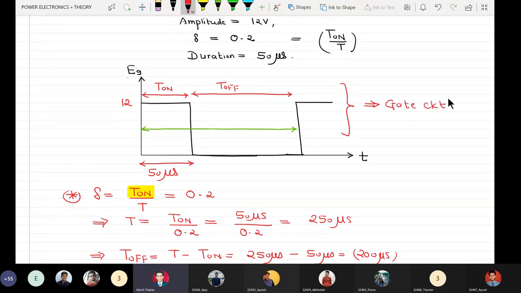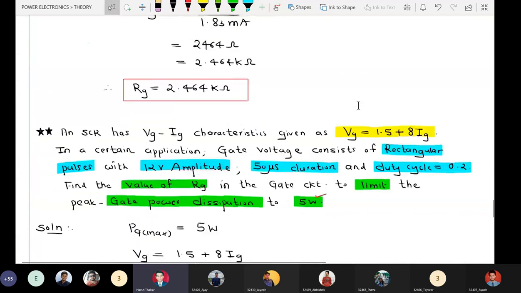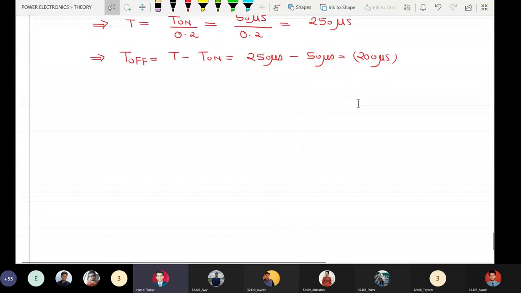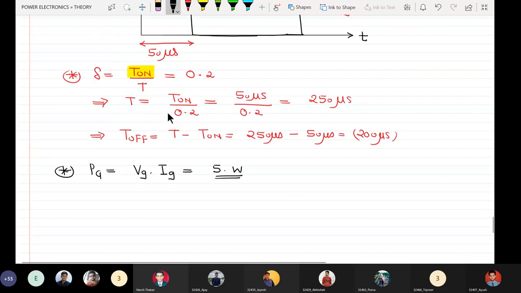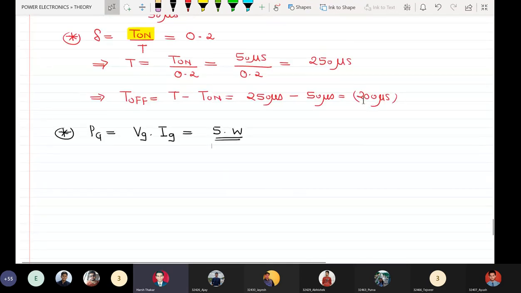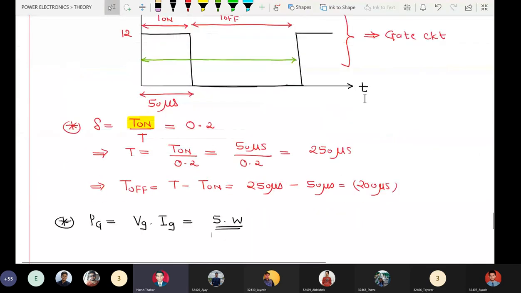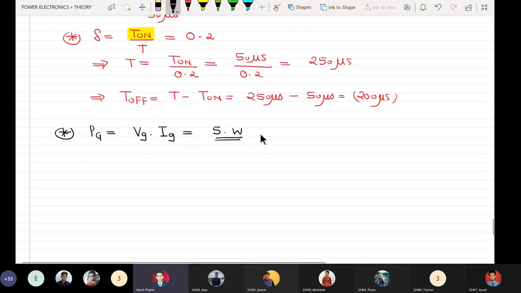Gate participation is given as 5 watt. Pg is equal to Vg into Ig equal to 5 watt. Now this is the average gate participation.